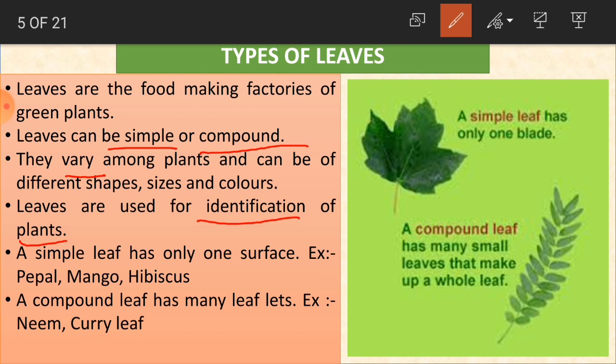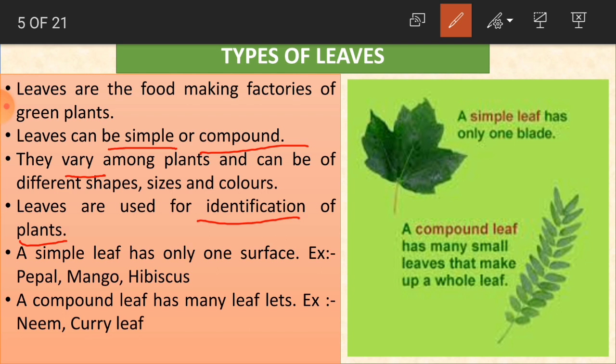The leaf itself is the identification of the plant. By seeing the leaf, we can say that this is this plant. It is like finding out their name, to which plant they belong. Clear, children?